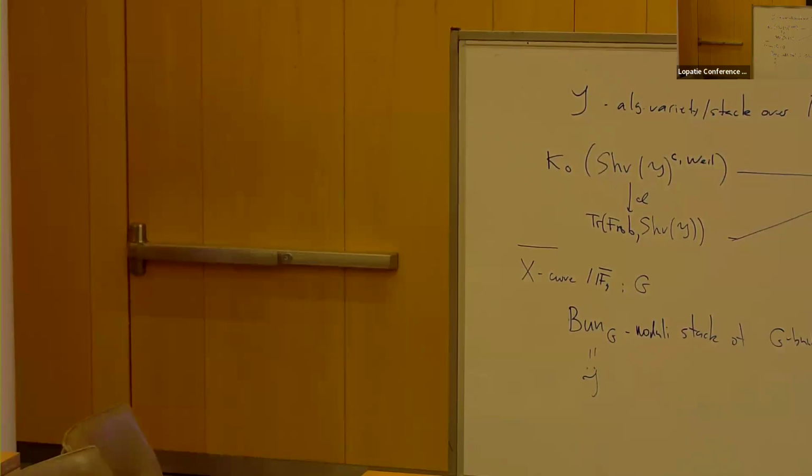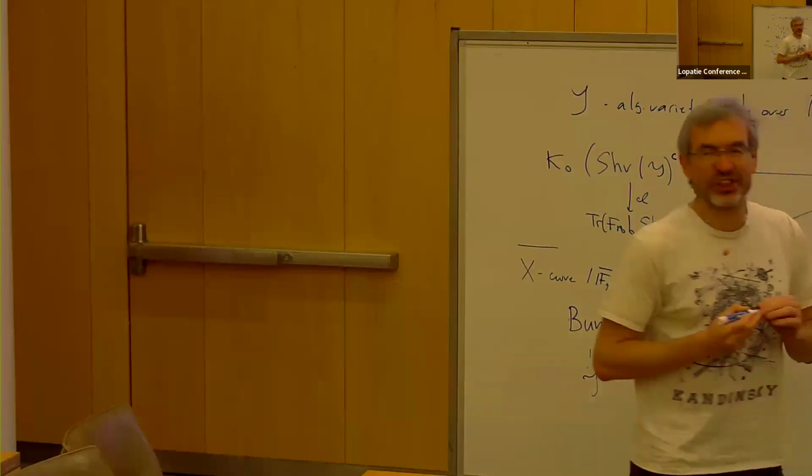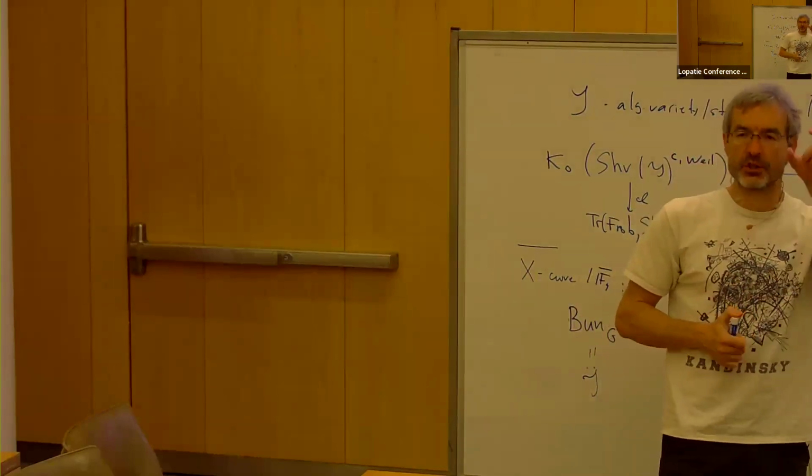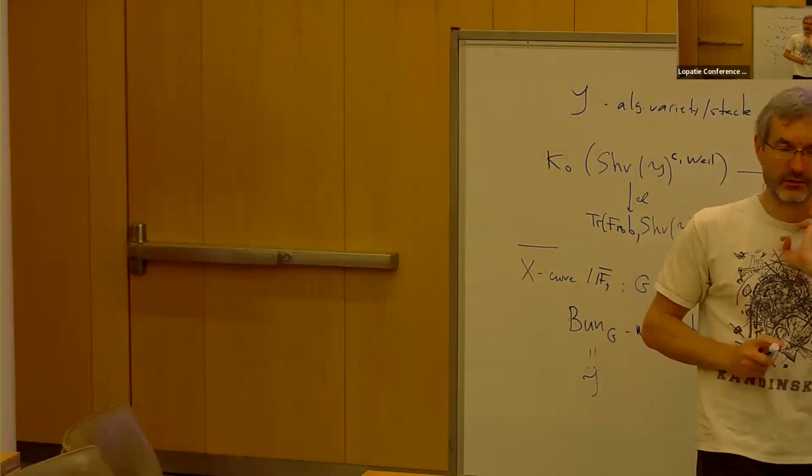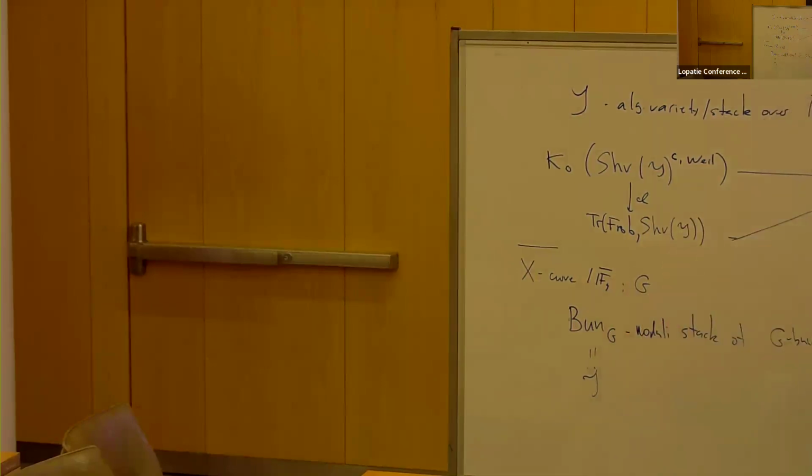Let me say what this guy is. Restricted, and I'll define what it is in a moment. So it's an object of algebraic geometry over the field of coefficients, which is Q_l bar. So I have to say, and I follow Grothendieck, what its points are for Q_l bar algebras.